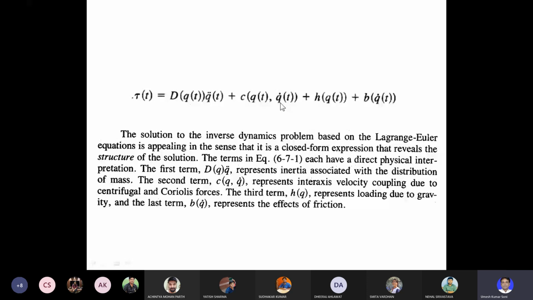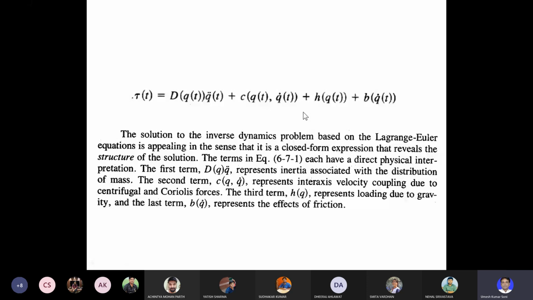So you take the differential and double differential of the joint variables, and then using Dq, Cq, Hq and B, these are the fixed matrices, fixed variables for any particular robot.